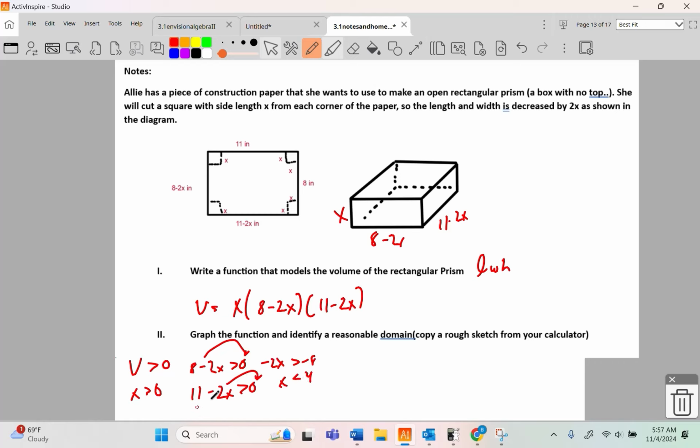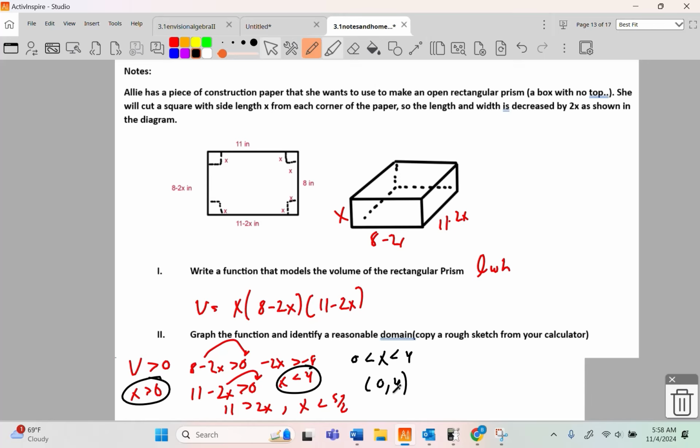If I solve this one, 11 greater than 2x, x has to be less than 11/2. Now here's your two winners, this one and this one. x is a number stuck between 0 and 4. You like your interval notation: 0 to 4.